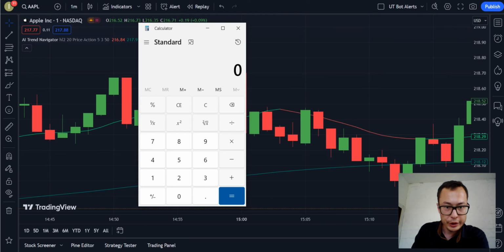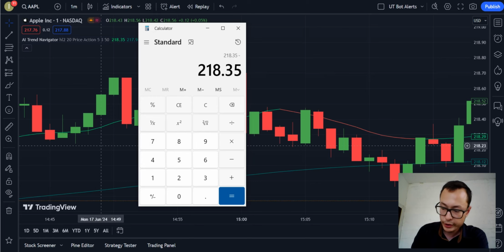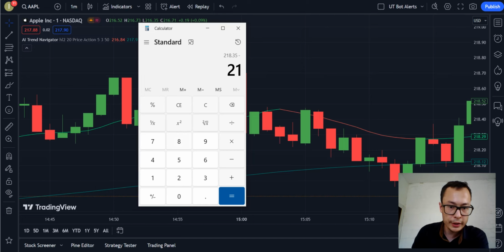Now I will show how much profit that is in terms of percentage and in terms of dollar value. So the final price was $218.35 minus the initial price, which was the price at which we bought the Apple stock, $218.12, divided by the initial price, $218.12, times 100.